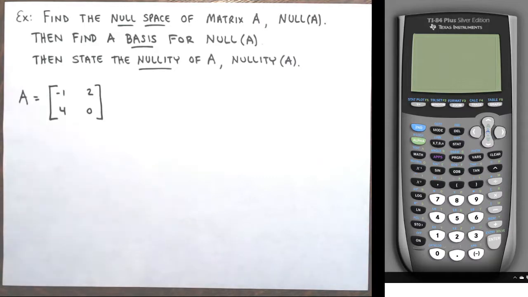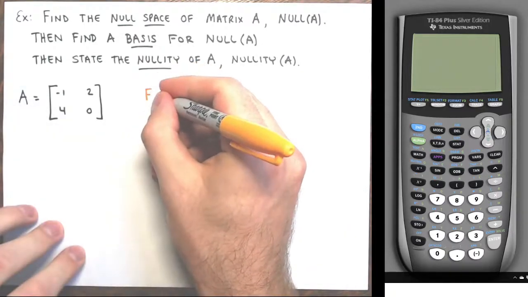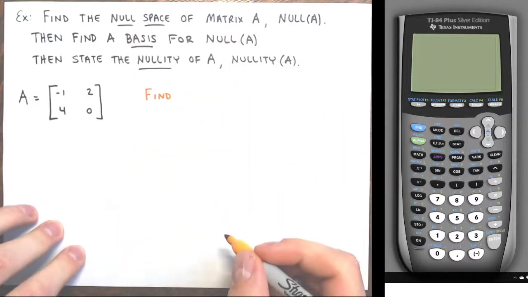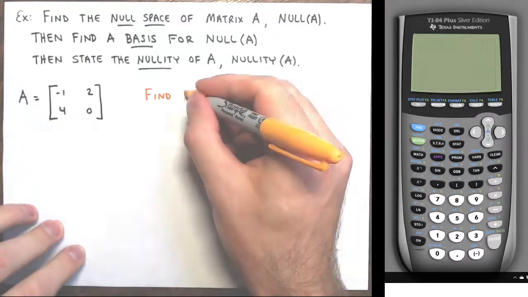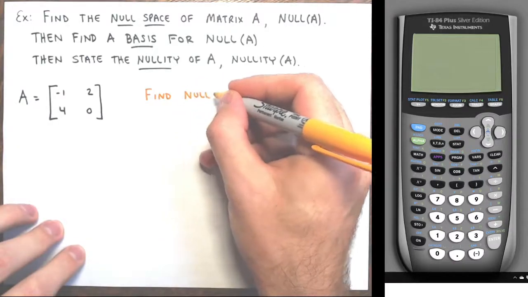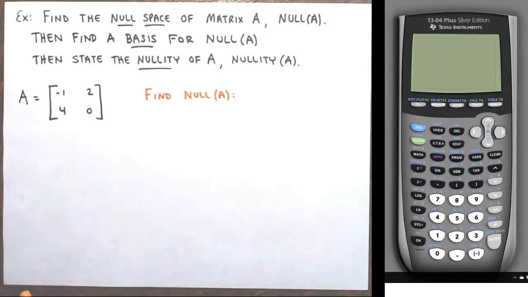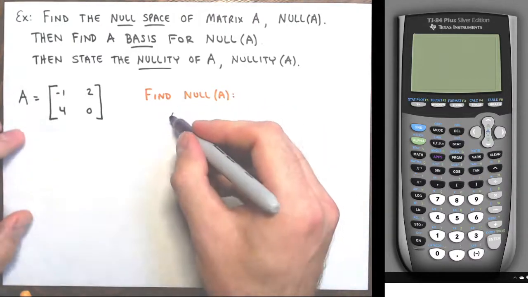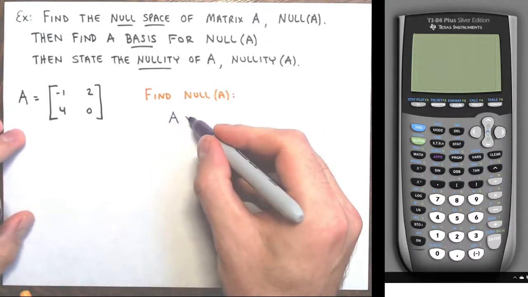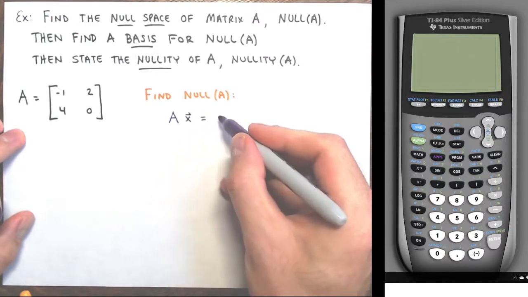If I want to find the first part, this should look familiar to you. I'm assuming you've seen how to find the null space of a matrix before. To find the null space of A, we're looking at solutions to the equation A times some vector x is equal to the 0 vector.